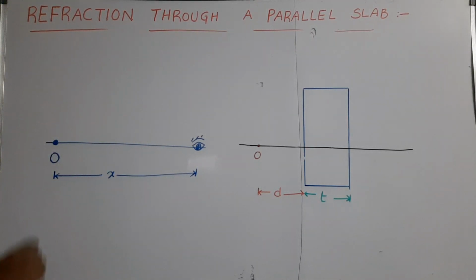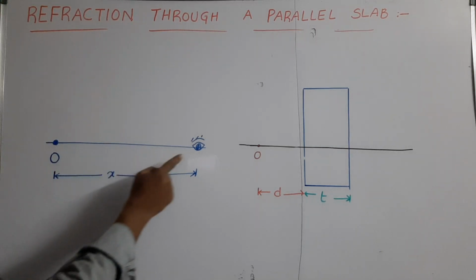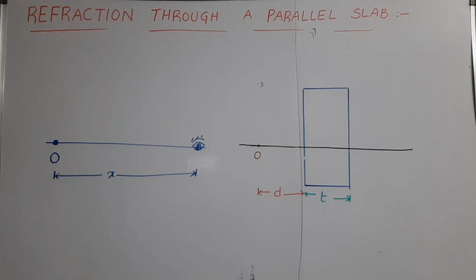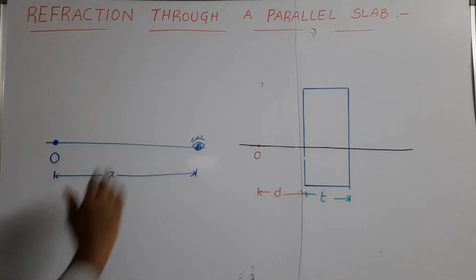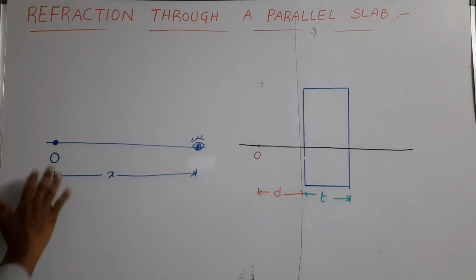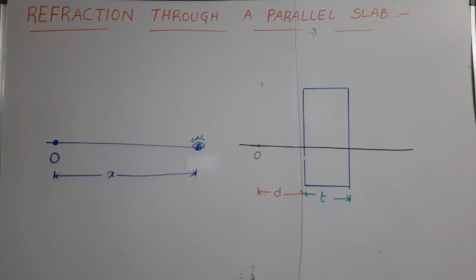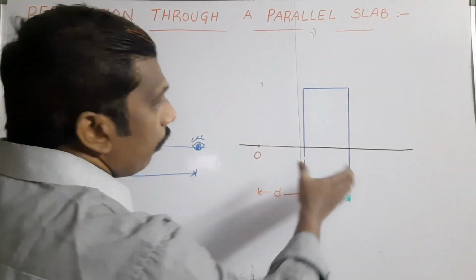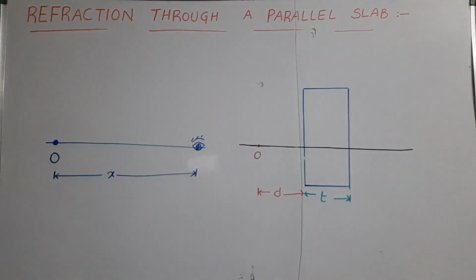Then this object appears at x distance only, because object and eye are both in the same medium. In between them there is no change in the medium, so there is no change in the object position from the eye.